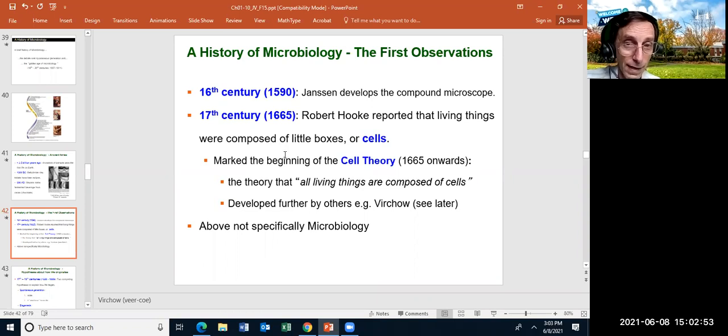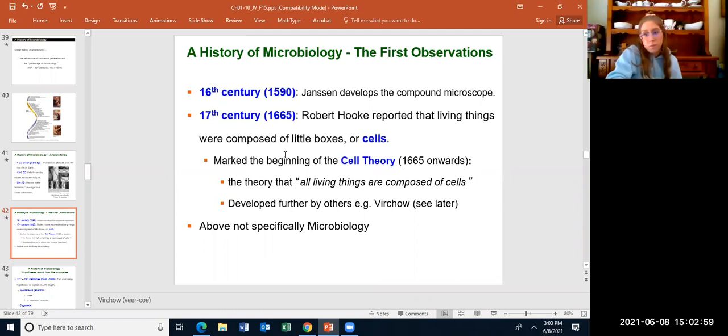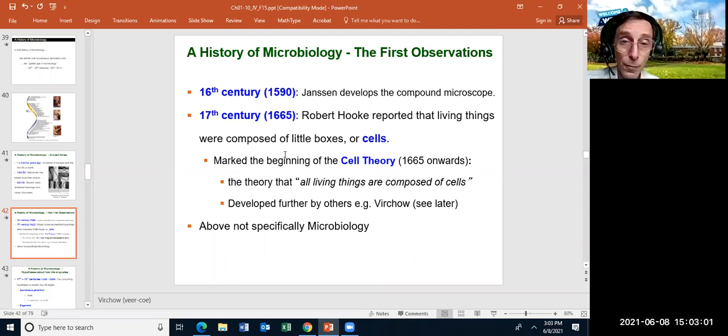What do plants have that animals lack? A cell wall. Yeah. Plants have a cell wall which is easily visible, and with the primitive microscope of 1665 they could see cells in plants, but they could not see the cells in animals because animals don't have a thick cell wall, they only have a cell membrane.